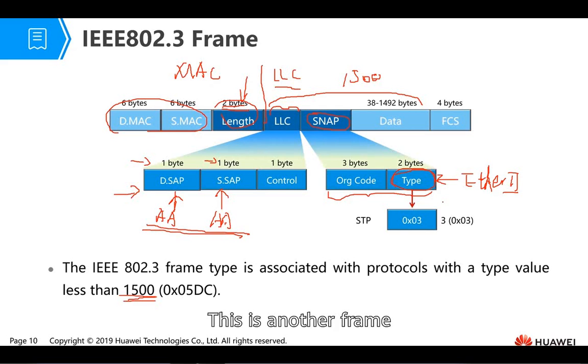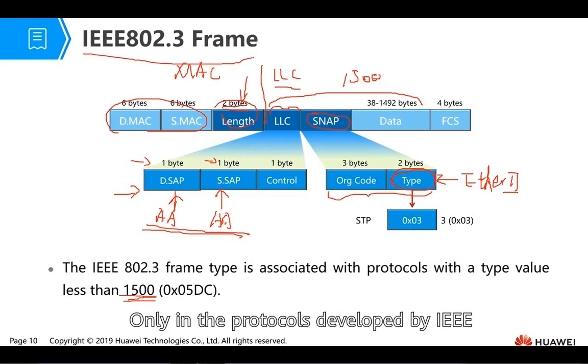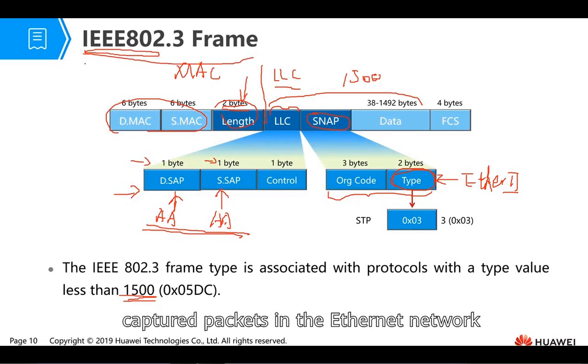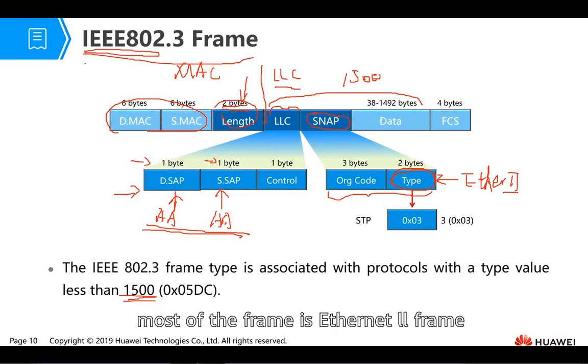This is another frame, and nowadays this IEEE frame is seldom used. Only protocols developed by IEEE use this frame. Usually, if we sniff and capture packets in the Ethernet network, most of the frames are Ethernet 2 frames.